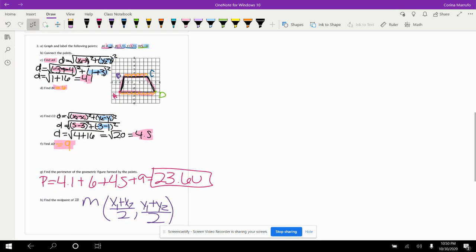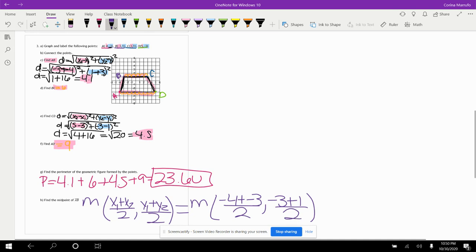Our x values for A and B are -4 plus -3, and we're going to divide that by 2. And then we have for our y values, it is -3 plus 1 divided by 2. If you're confused where I'm getting these numbers from, I'm using these ones here.